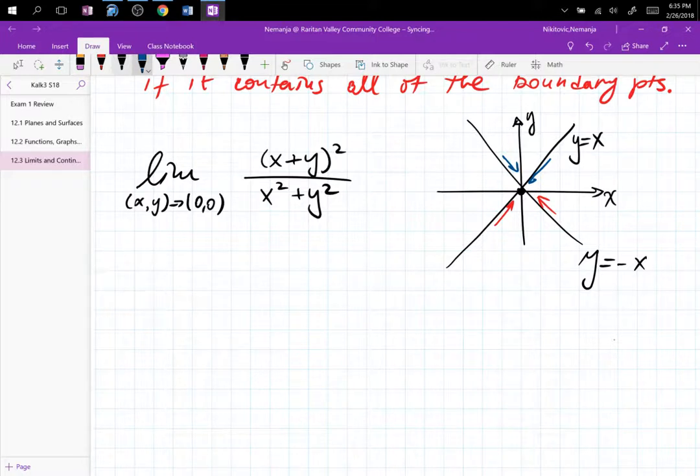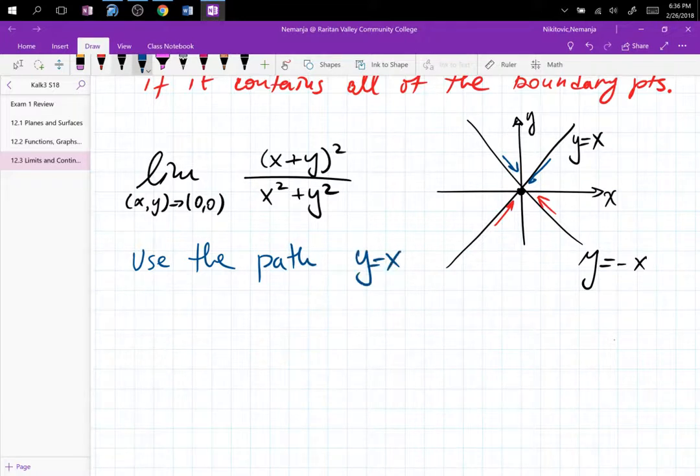So now what I'm going to do in this particular case for this problem is I want to use the path y equals x. So that is me walking on y equals x.